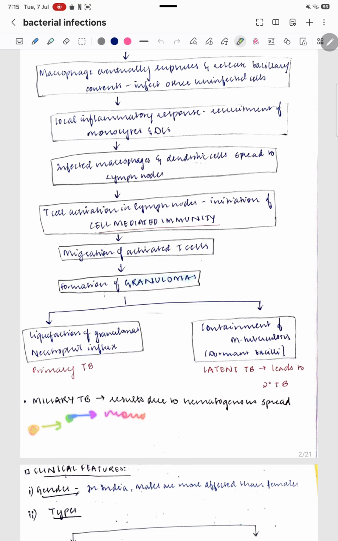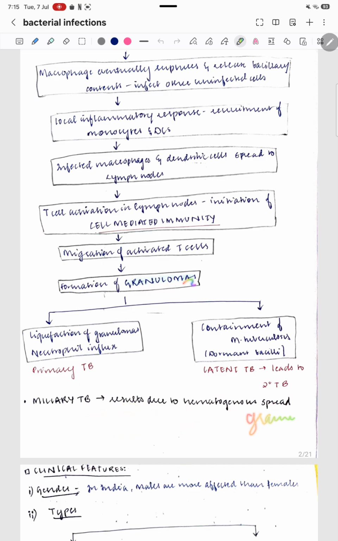Then the infected macrophages spread to the regional lymph nodes, and cell mediated immunity is generated. This cell mediated immunity migrates, and then there is formation of a granuloma.